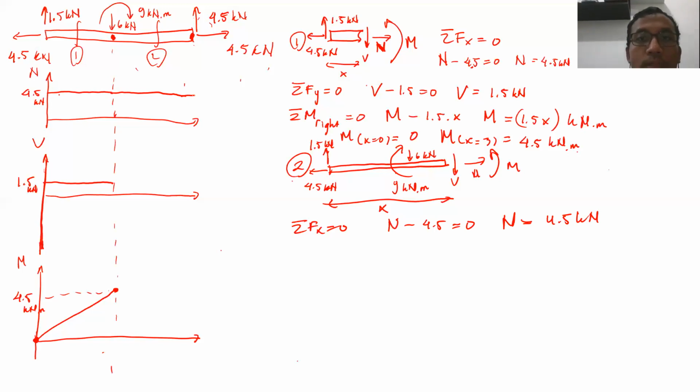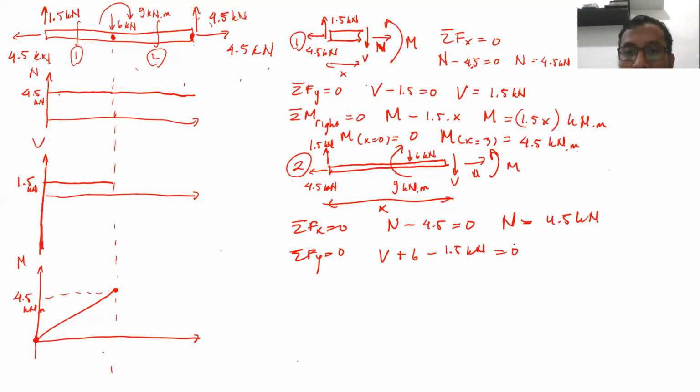Now I will go to the second one, using sigma Fy equal to 0. Okay, using sigma Fy equal to 0, what I have there, if going down is positive, V plus 6 kilonewton, okay, minus 1.5 kilonewton equal to 0.